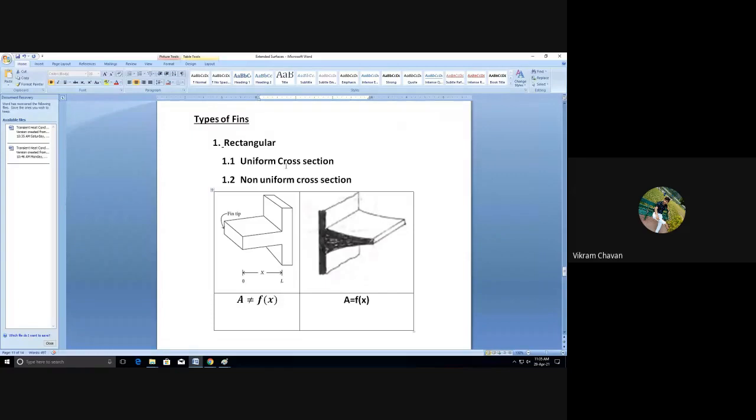You can draw the 2D diagrams also, not necessary to draw 3D diagrams, but you should understand what is meant by uniform cross section and non-uniform cross section by using the diagram.